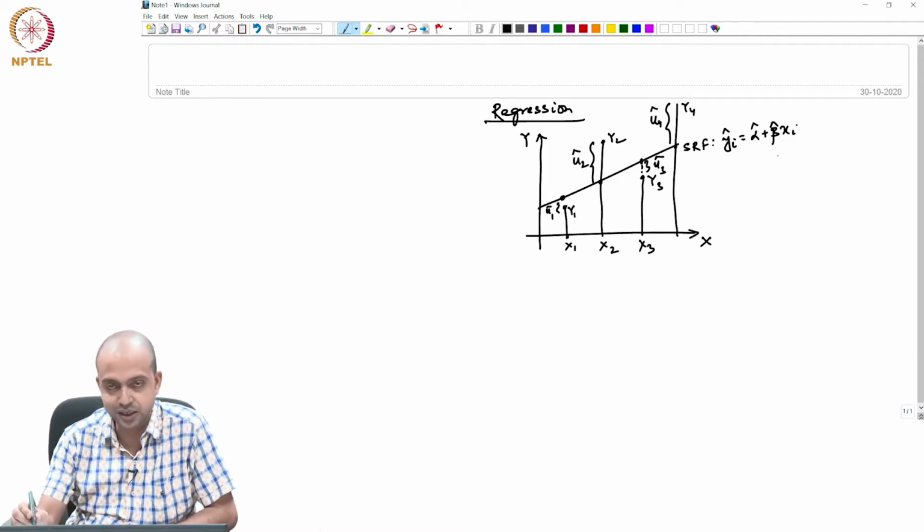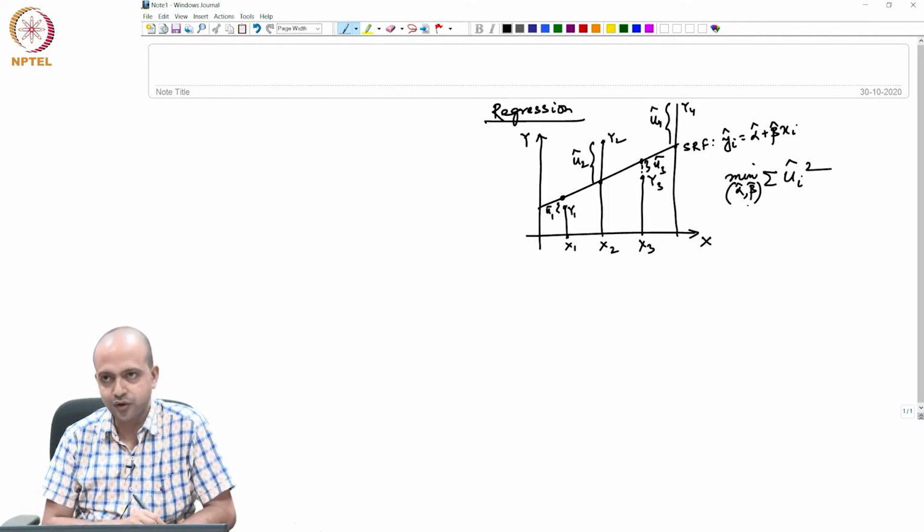And then we say that here what we are trying to do, we are trying to minimize the sum of u i hat square with respect to alpha hat and beta hat.